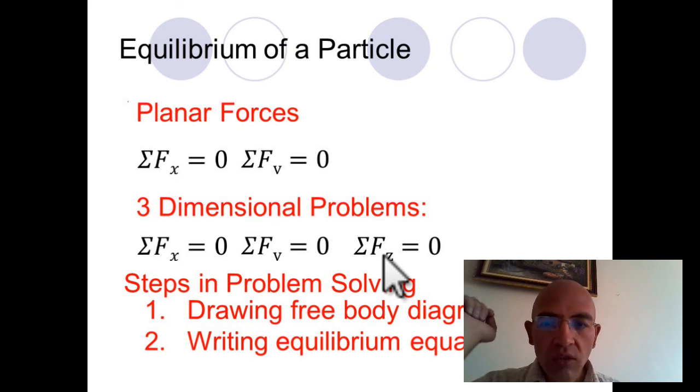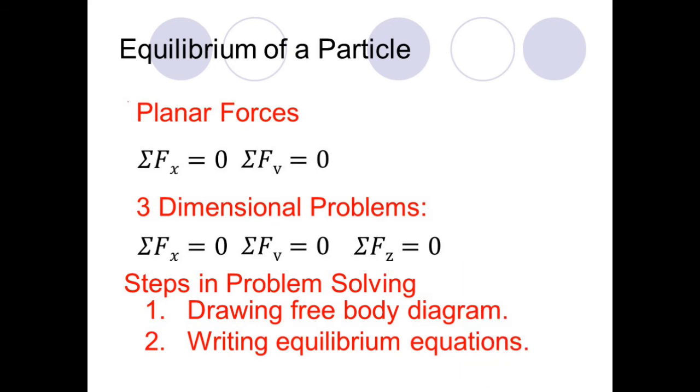Okay. So these are the equilibrium conditions, but what are the steps in solving a problem? Now, there are 2 steps indeed. The first thing is identifying the problem, so analyzing the problem. Therefore, in order to carefully analyze the problem and develop a method for the solution, we first draw the free body diagram of the object or particle.